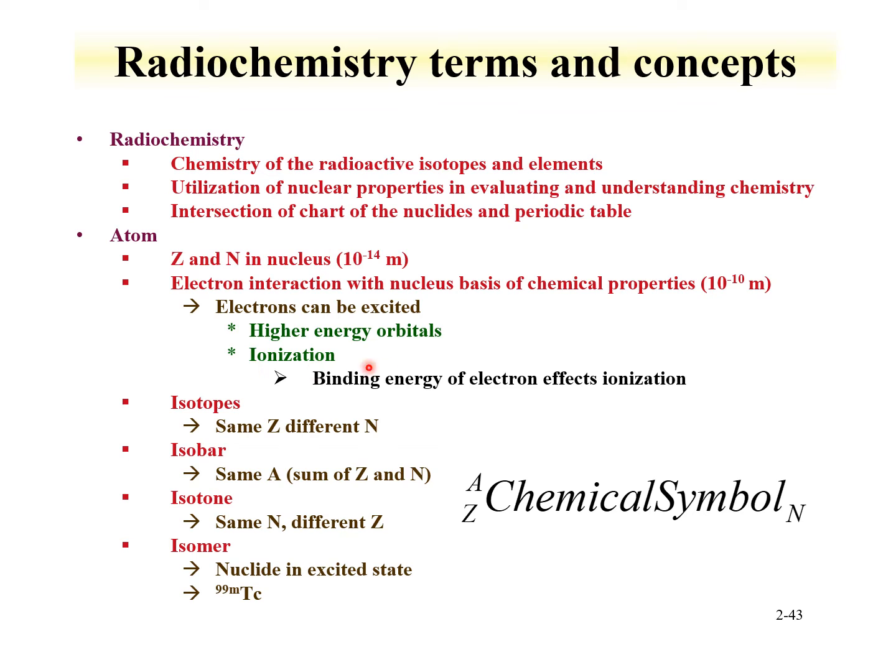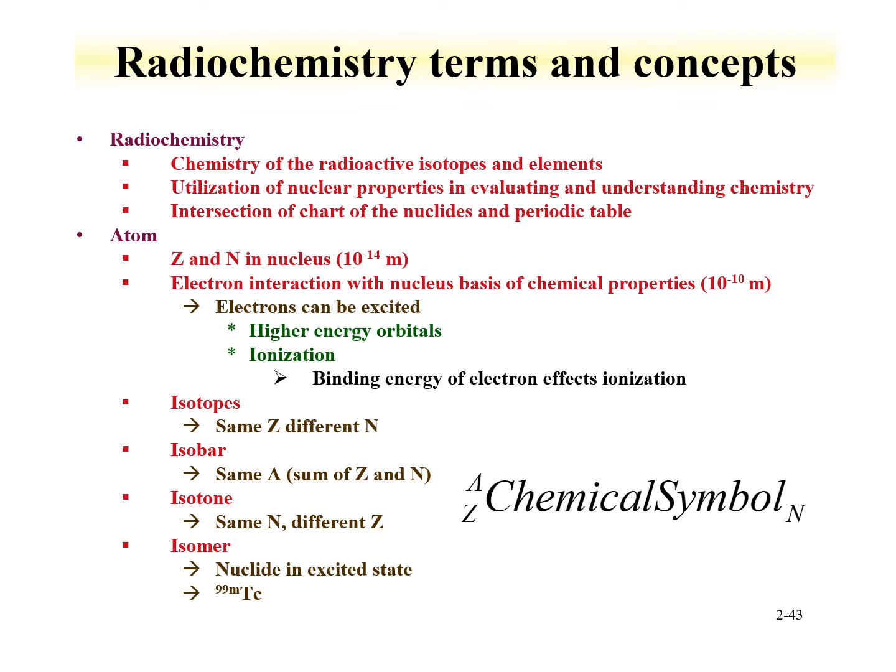Electron interactions with the nucleus are going to be the basis of chemical properties. Electron orbitals are on the order of 10 to the minus 10 meters. So the bulk of the radius and volume of an atom is composed of electrons, but the bulk of the mass, in the small area, is occupied by the nucleus.